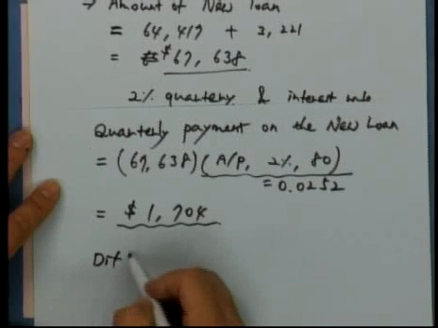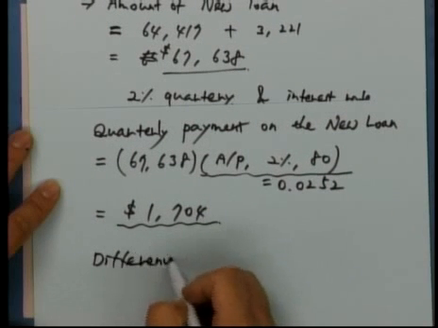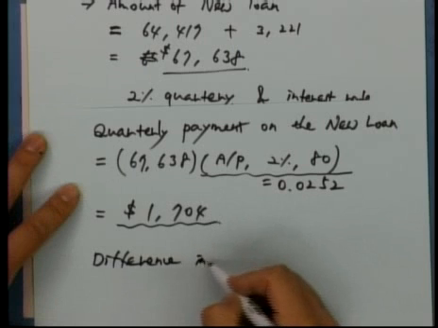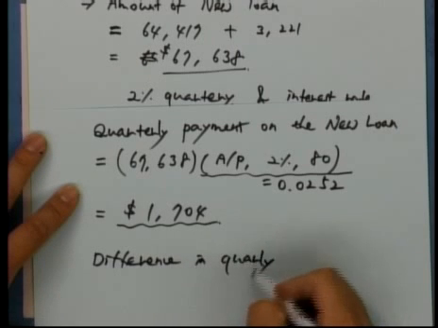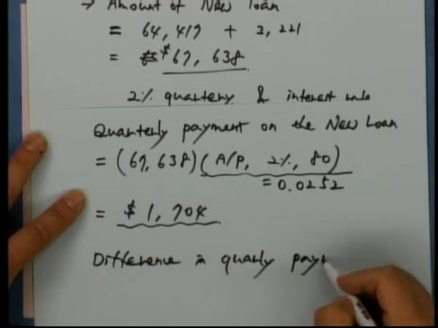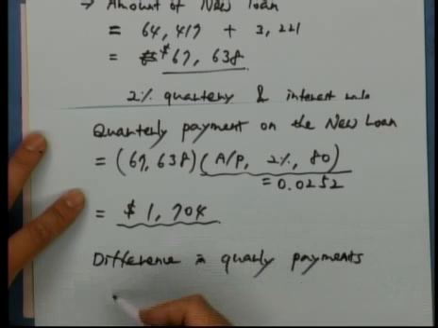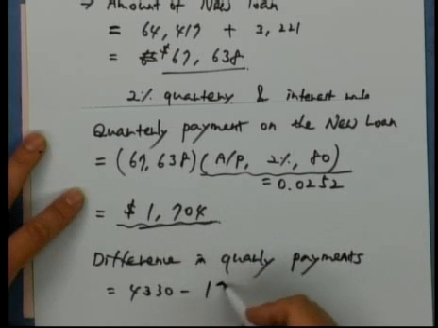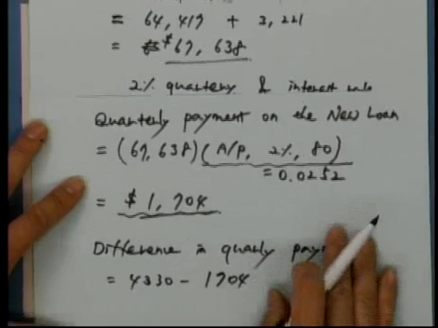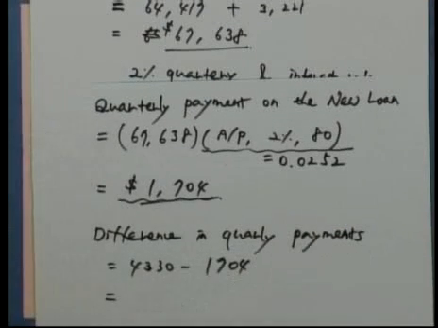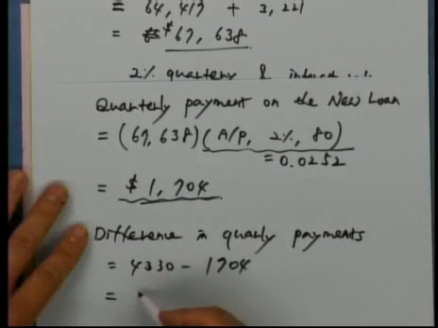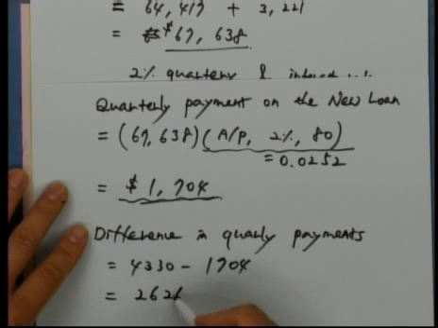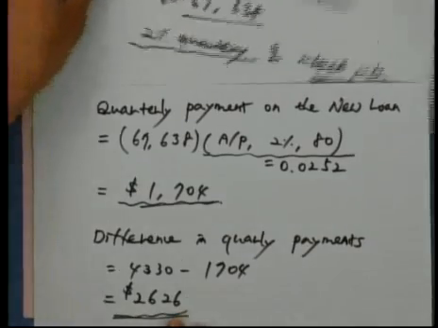So the difference in quarterly payments would be 4,330 minus this, $1,704. So how much is that? It is $2,626. Okay? So this is the answer for part B.